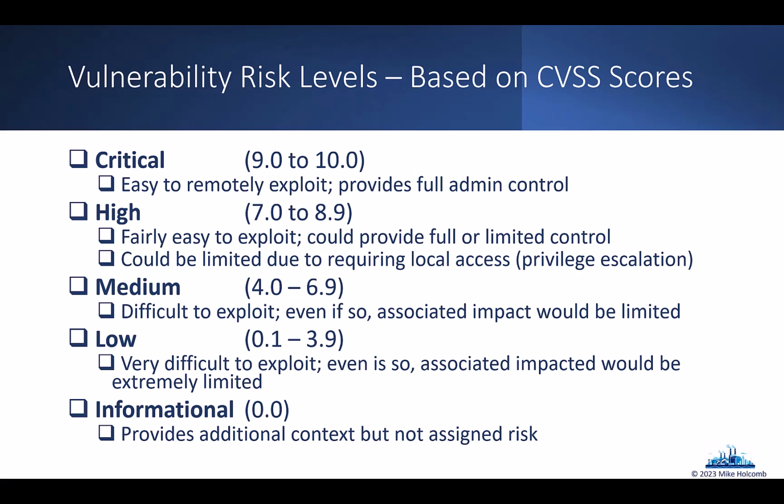With mediums, they're very hard to exploit, and in that case it's almost like there's no exploitation there. Even if they were able to, the impact is very limited. A lot of the medium vulnerabilities you see, whether in IT or OT, involve things like weak certificates or maybe an expired certificate on a web service interface.